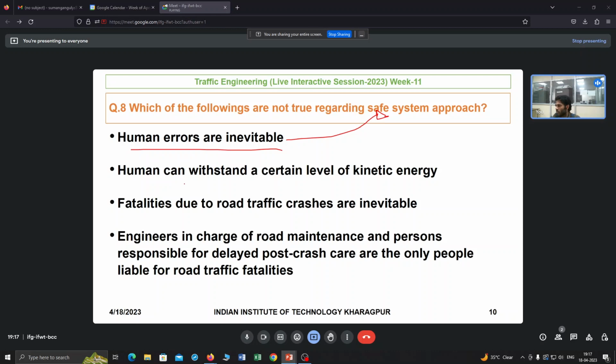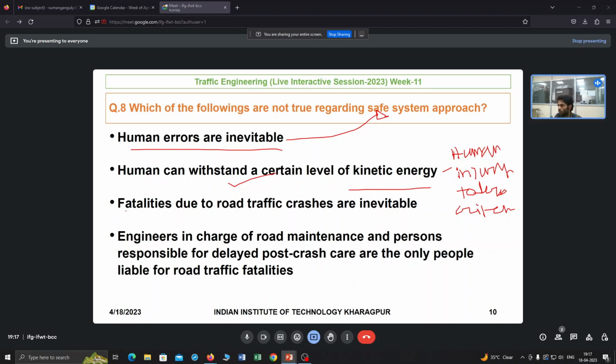Then second one is humans can withstand a certain level of injury. Obviously it is called the human injury tolerance criteria.